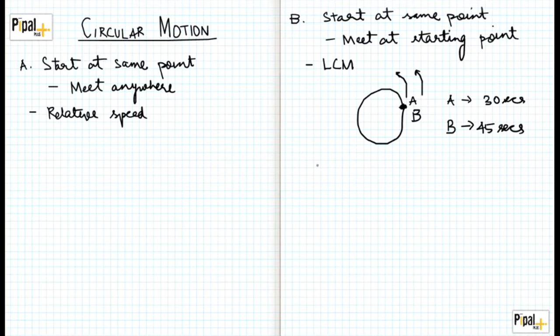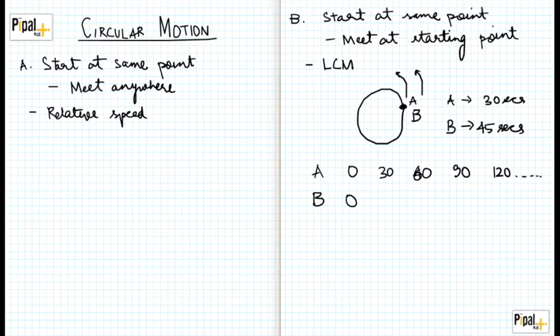So A is at the starting point at time equals 0 seconds, B is also at the starting point at t equals 0 seconds. Then A continues to come to the starting point every 30 seconds. That means A is at the starting point at 30, 60, 90, 120 and so on, right?